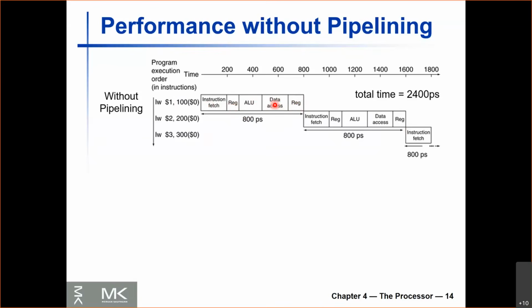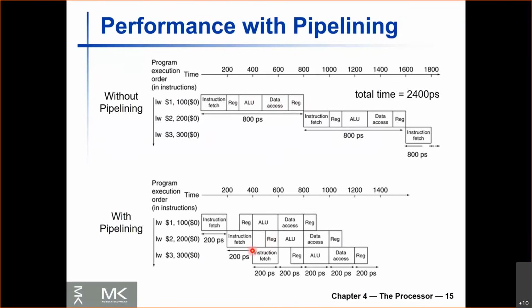So with pipelining, things are going to look like this. The first instruction does instruction fetch, instruction decode, execute, which is the ALU, data access, and then write back to the register file. As soon as the first instruction is done with the instruction fetch, the second instruction can do its instruction fetch, while the first instruction is in the instruction decode stage, reading from the register.